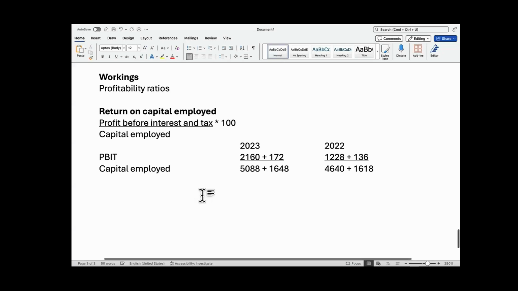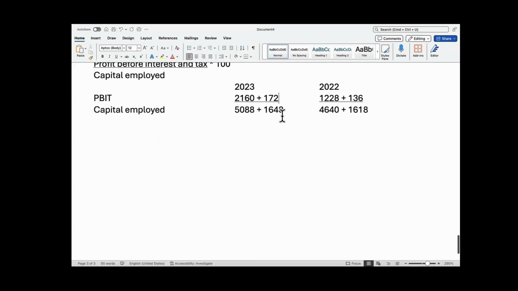So of course, multiply it by 100. Let's get the figures.